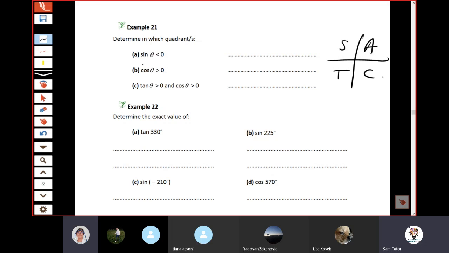Eden, tell me, sine theta is less than 0? In which quadrants? Third and fourth. Yep. Lisa, cos theta greater than 0, which quadrants?